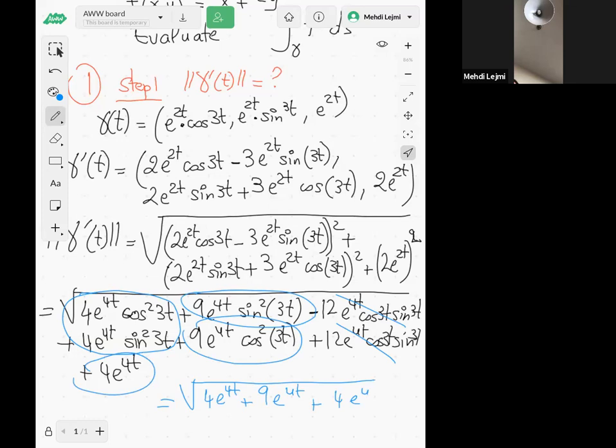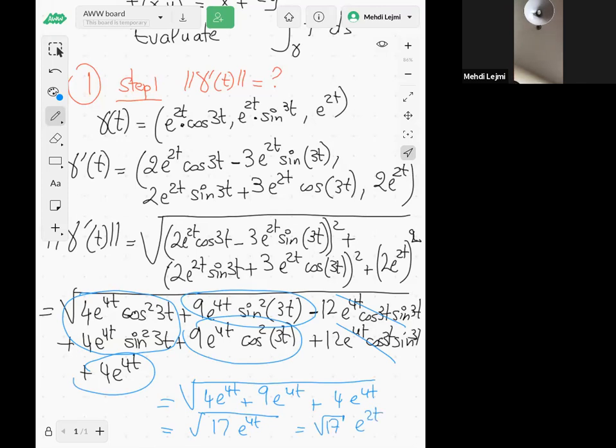In total, we have 4 plus 9, 13, plus 4, so that will be 17 exponential 4t. So that will be square root of 17 times exponential of 2t. That will be the length of gamma prime of t.